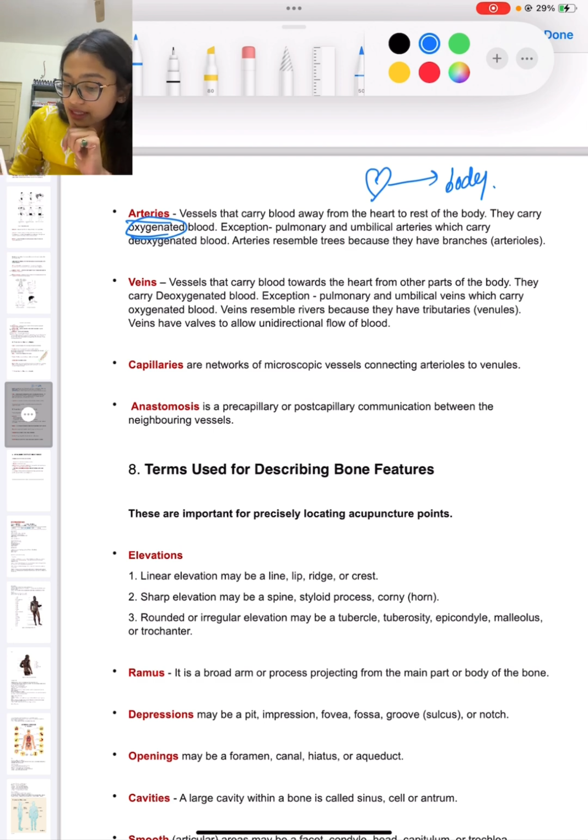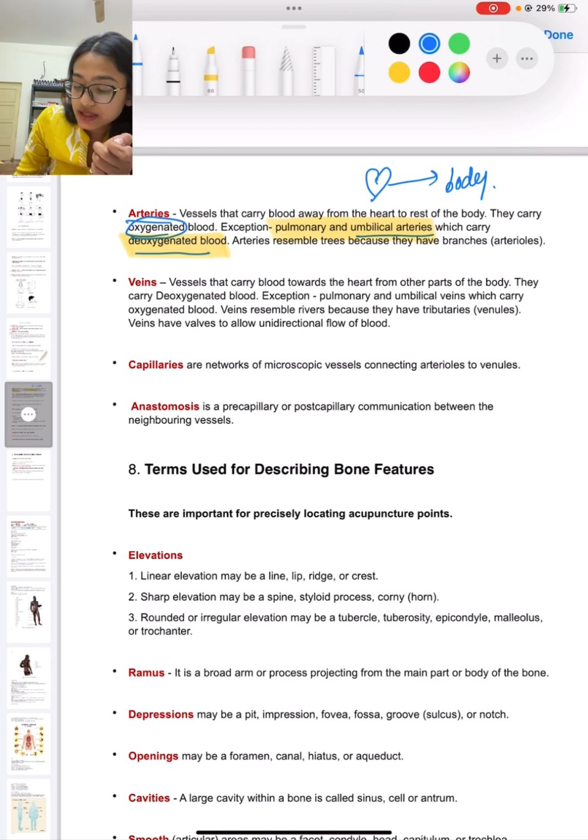Exception: pulmonary and umbilical arteries, which carry deoxygenated blood. Arteries resemble trees because they have branches. Okay, we can see in the diagram further.